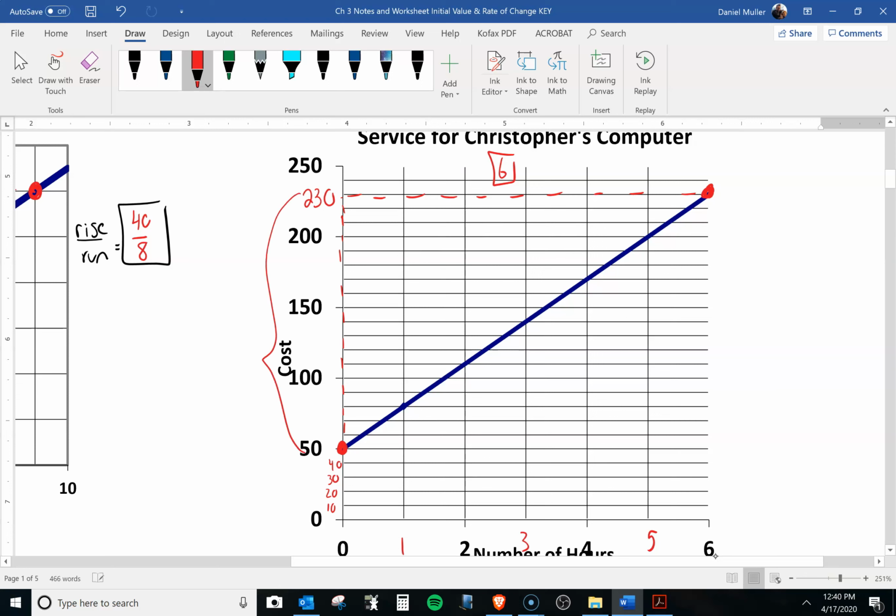And I need to know, what is that rise? So from 50 to 200 would be 150, and then another 30 more, so 180. So when I try to calculate my rate of change, I go rise over run. I rise up 180, and then I run 6.